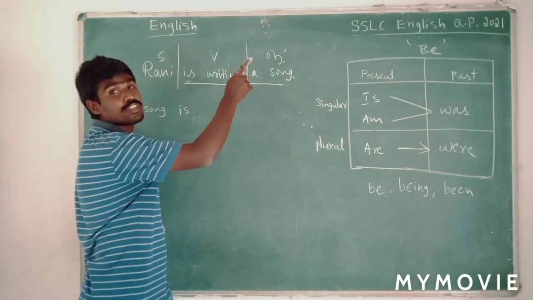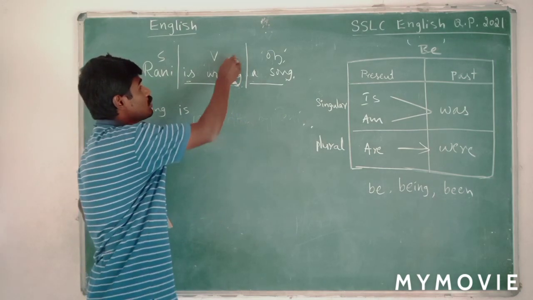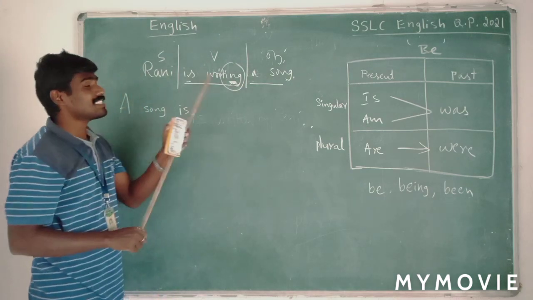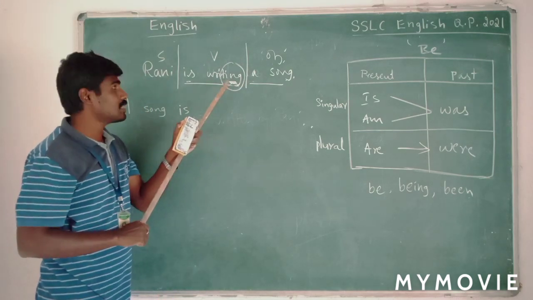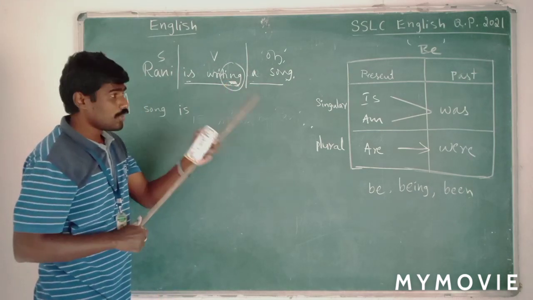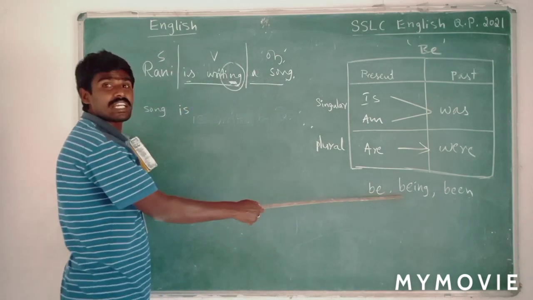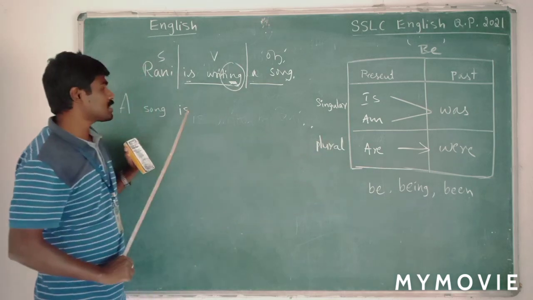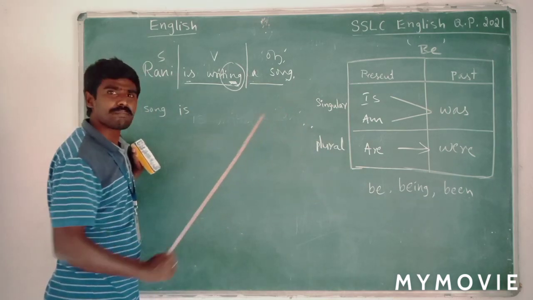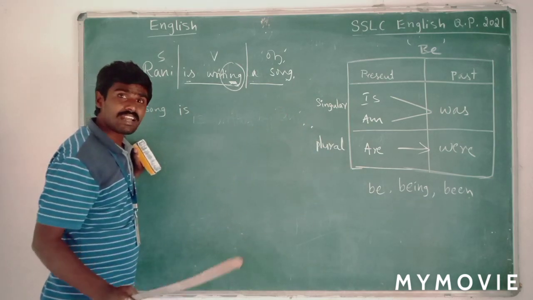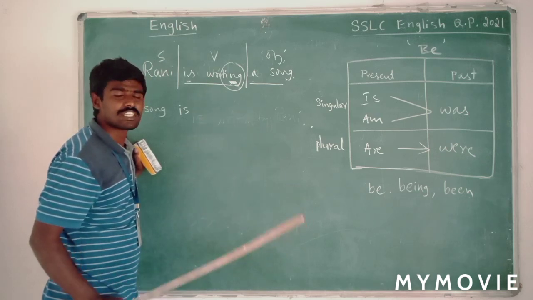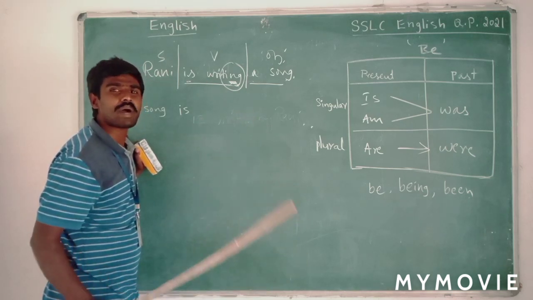Now I have to write the V3 form. But before that, we have to see if the sentence is in continuous tense. If the sentence has ing, we take being. This being is used along with is, are, am. If the sentence is in continuous tense, it may be present continuous or past continuous.